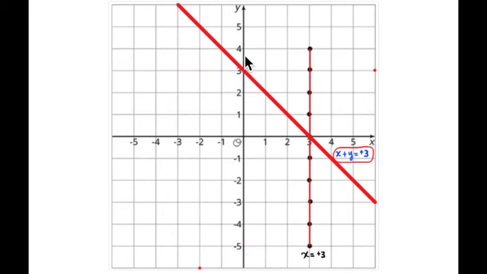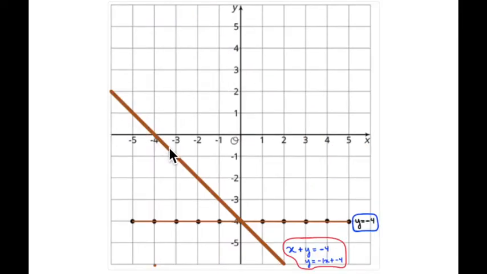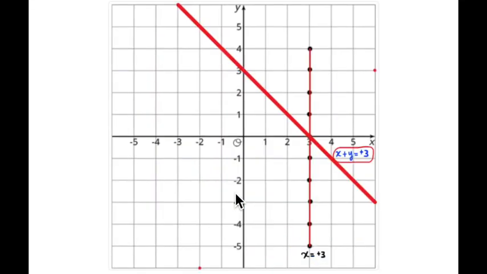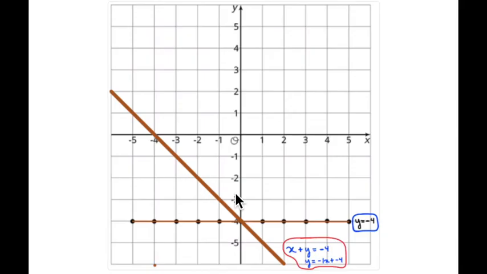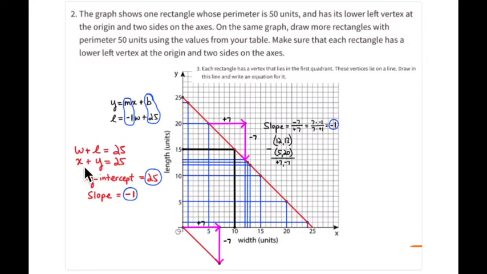No, let's go this way. This is +1 over -1. So that's a slope of -1, or a -1 over +1. So that's a slope of -1. Sorry about that. This line has a slope of -1. They just cross the y-axis at different places. And this line right here has a slope of -1.